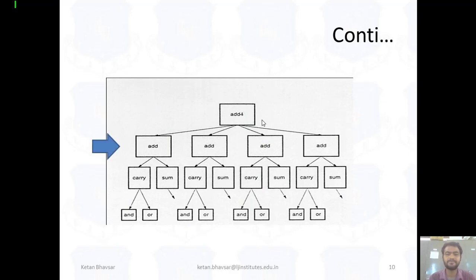As you can see in the 4-bit adder, each module must work perfectly, and only then can the 4-bit adder generate a perfect result.